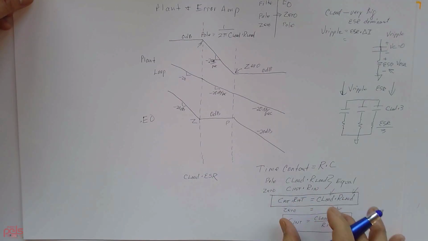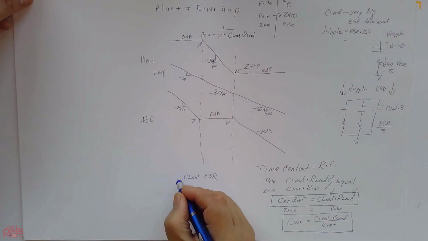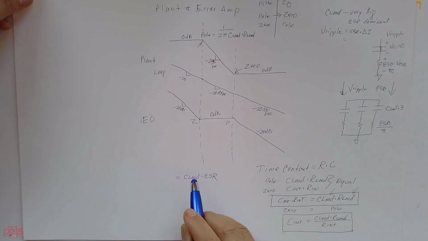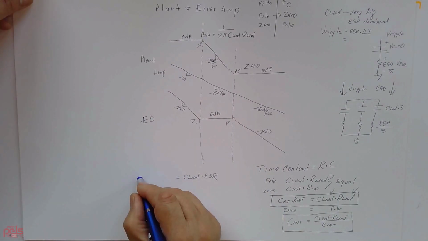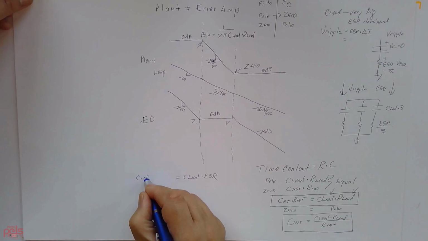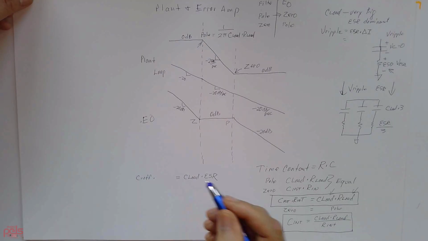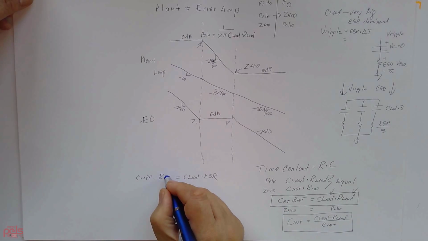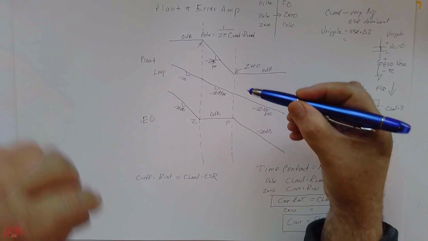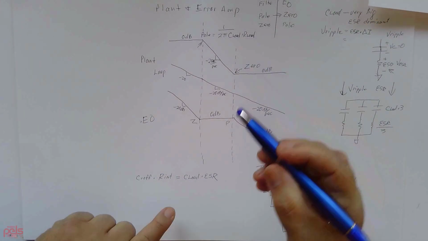Since we already know that they're supposed to be equal, that's going to be C roll off times R integrator.